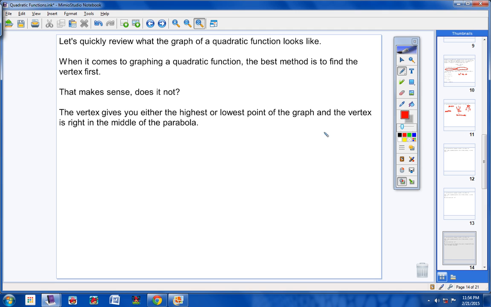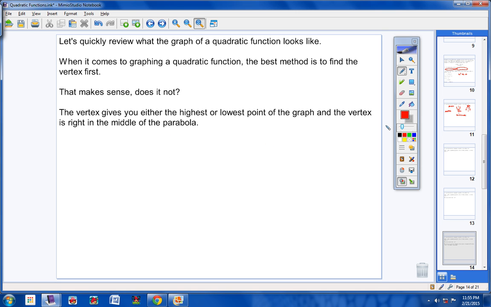And it also tells you the middle of the parabola, because the vertex is always right in the middle of the parabola, okay? Sorry about that, I kind of zoned out for a second there. So anyways, it makes sense to always find the vertex first.